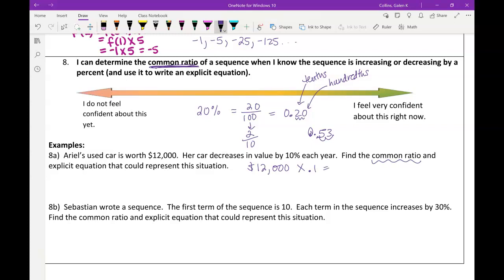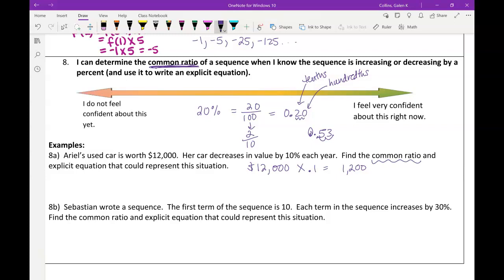When I do that, I just get 1,200. That's not what her car is worth after 1 year. That's how much her car is losing in value after the first year. And it won't be a constant change. Her car won't decrease in value by $1,200 each year, because the next year she's going to lose 10% of what it was worth then. So that number is going to change. This will be a geometric pattern that we see.